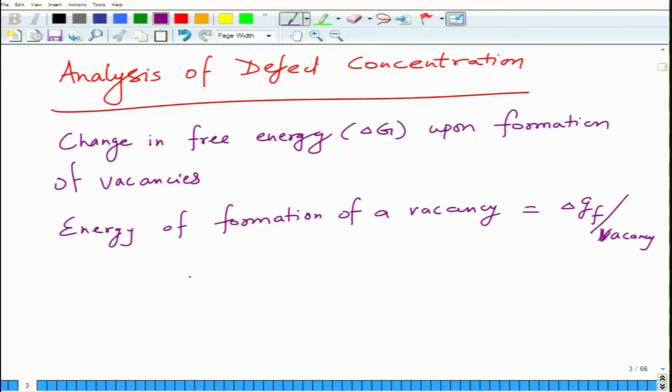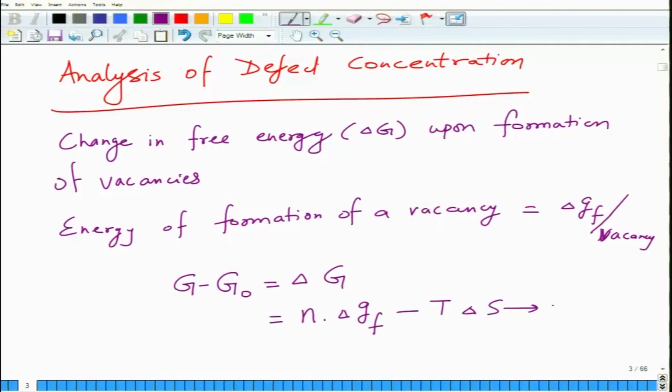Now, the corresponding change in the free energy is G minus G naught, where G naught is the equilibrium free energy when you did not have any vacancy. This change in the free energy, delta G, is equal to delta H minus T delta S. Delta H is the number of vacancies multiplied by the enthalpy of formation of a vacancy, delta Gf, minus T delta S, and this delta S is the change in the configurational entropy.